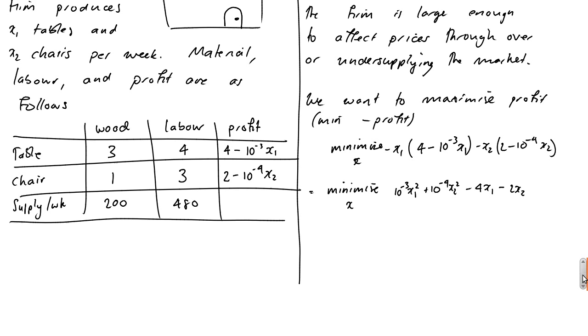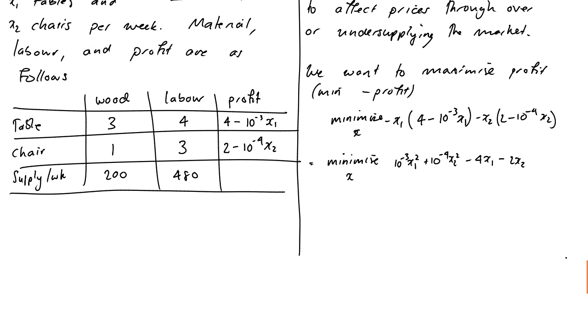See, now we've got a quadratic to minimize, not just a linear objective, subject to the same kind of constraints as we had in our previous production problem. Basically, that the number of chairs and tables we make is limited by our amount of wood, and by the amount of labour that we've got available to us.